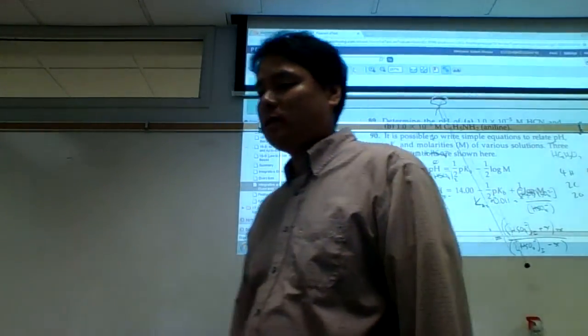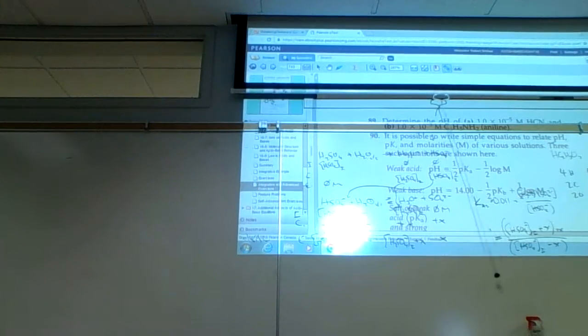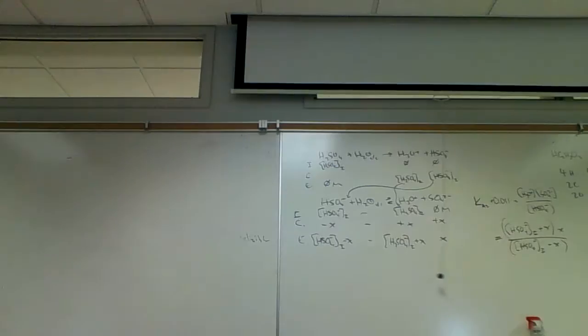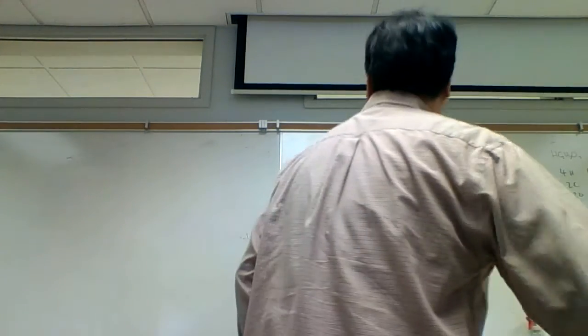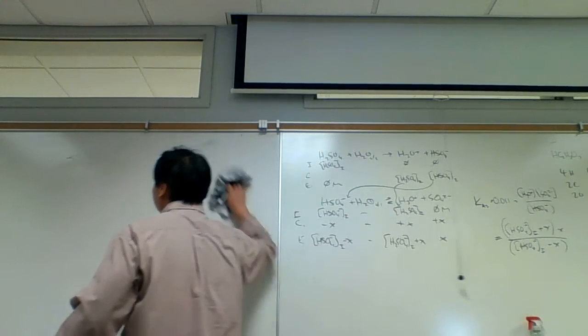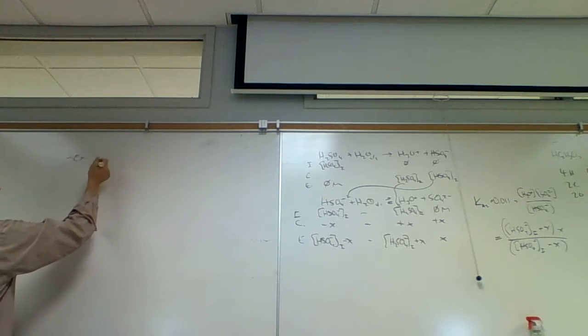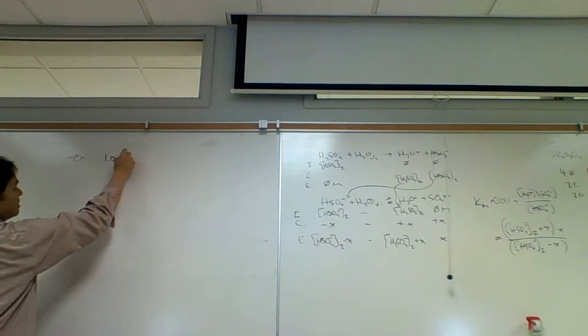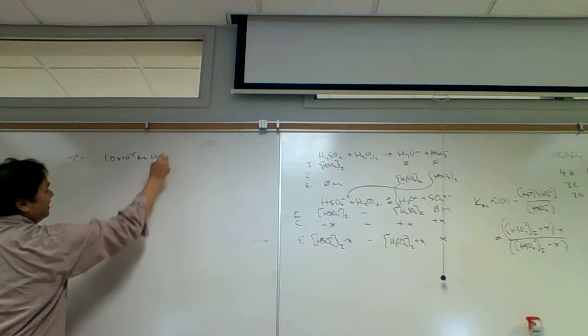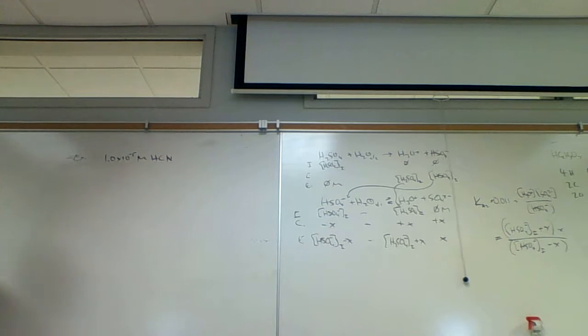Which one did you do, HCN or, obviously HCN if you're doing hydronium. So let's look at HCN then. We're looking at 1.0 times 10 to the minus 5 molar HCN. And you're saying that they put in the initial hydronium.